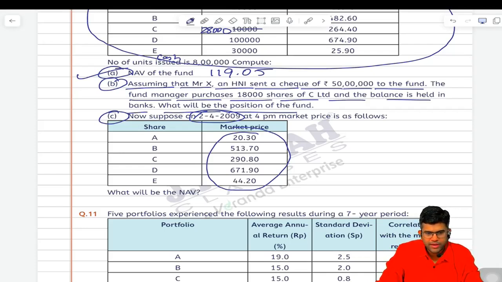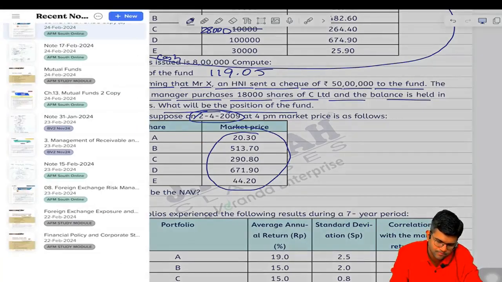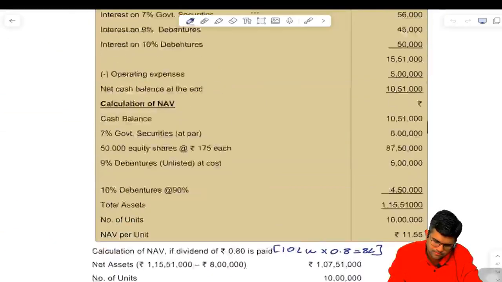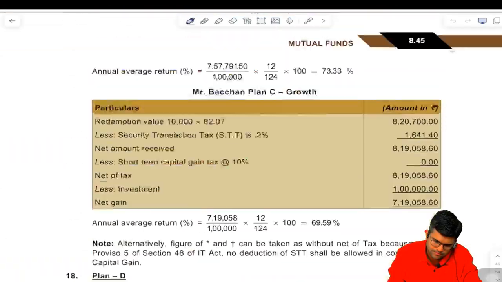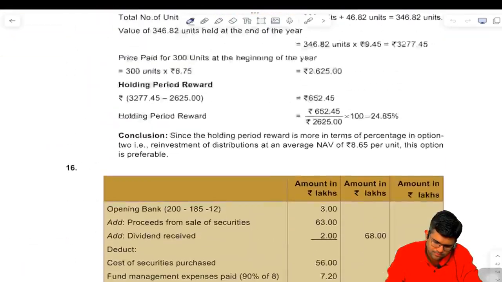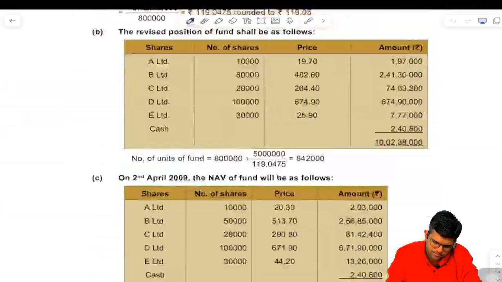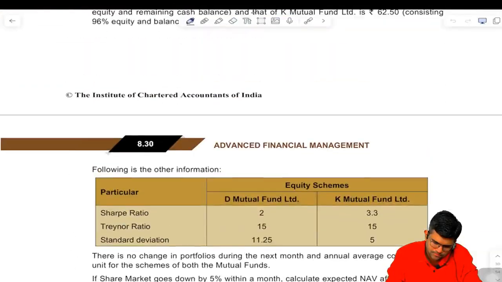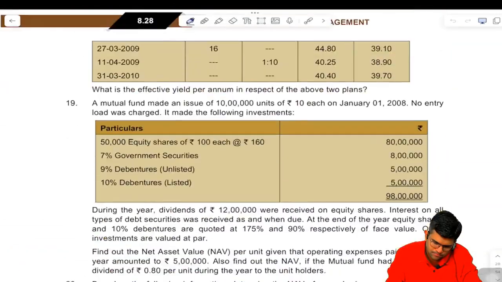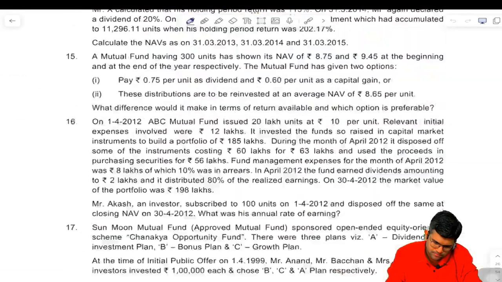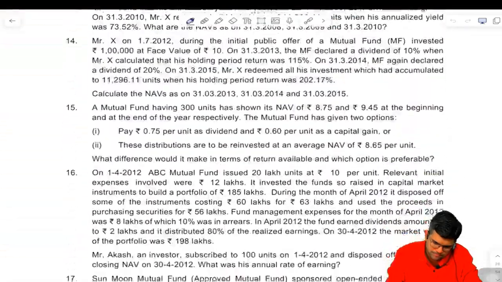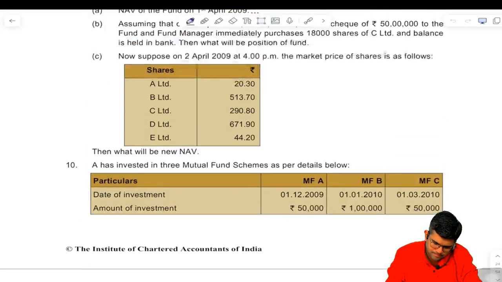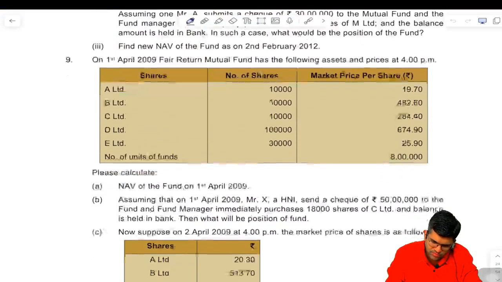I think you're getting 122.08. Students, is this the same question?